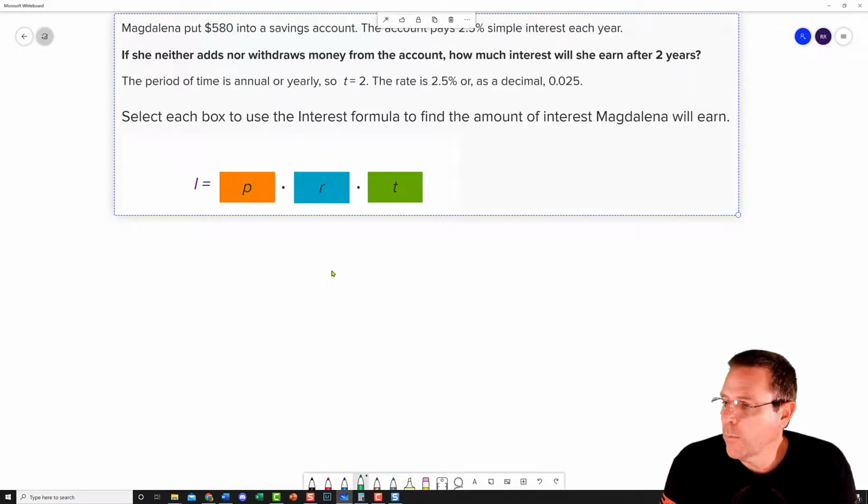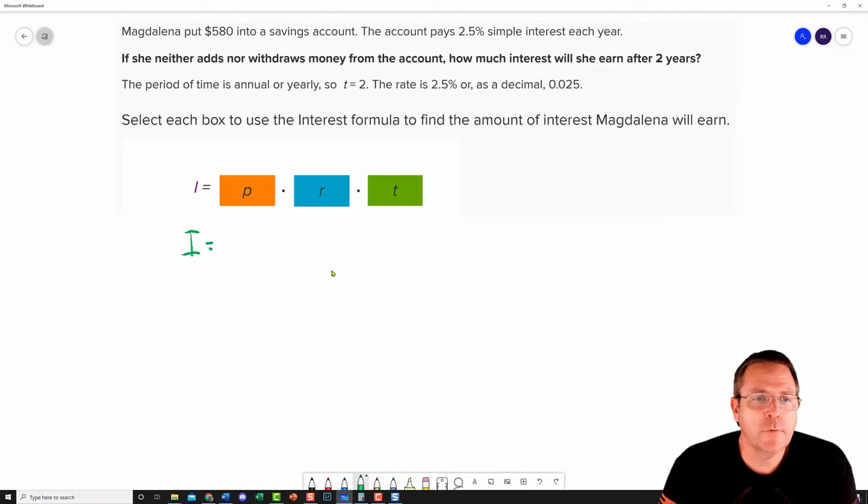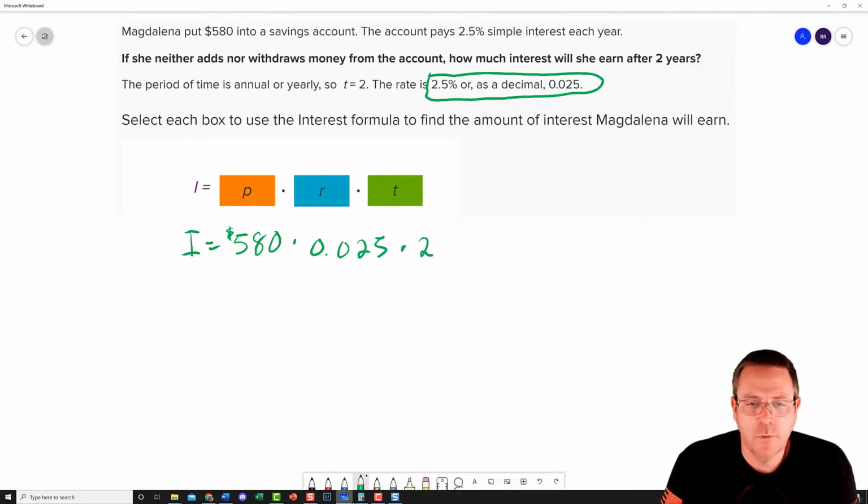let's find out what we're going to get here. So on our next line, I'm going to write the I for interest again, which is equal to my principal, $580. My rate is going to be 0.025. That came from the 2.5% you see right here. And the time was 2 years.